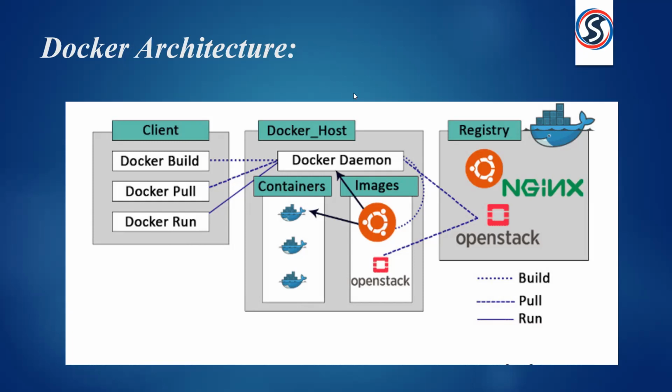Then coming to the next, if you do the compatibility comparison between Docker and the virtual machine, the virtual machine can be installed on any operating system, whether it is Windows or Linux or Mac. But the Docker images have compatibility issues.